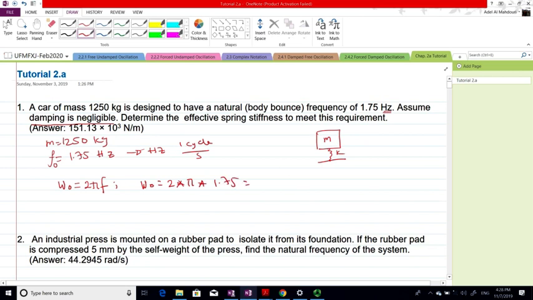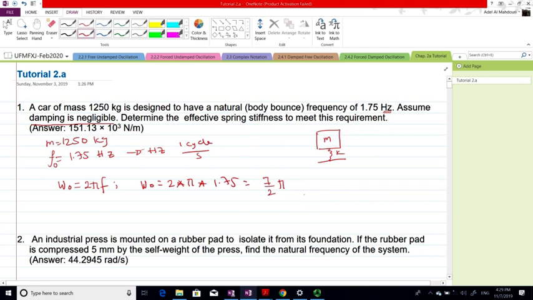If you multiply 1.75 by 2, it will give you 3.5, or 7 over 2, times π.